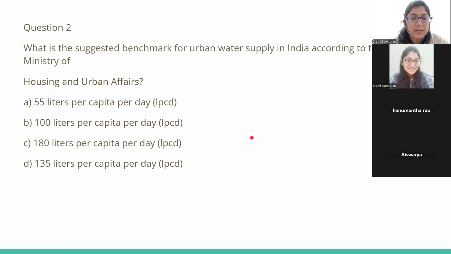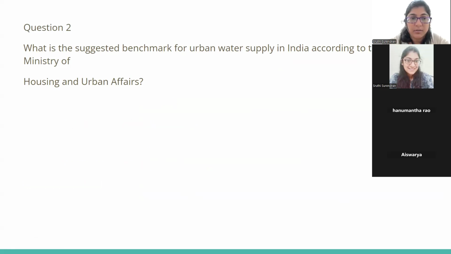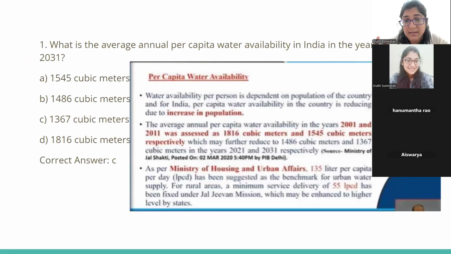55 liters is for, we just now went through this portion. This is a statistic that you need to know. 135 liters per capita per day is for urban areas and 55 liters per capita per day is for rural areas. So 55 and 135 are two numbers that you always have to keep in mind.